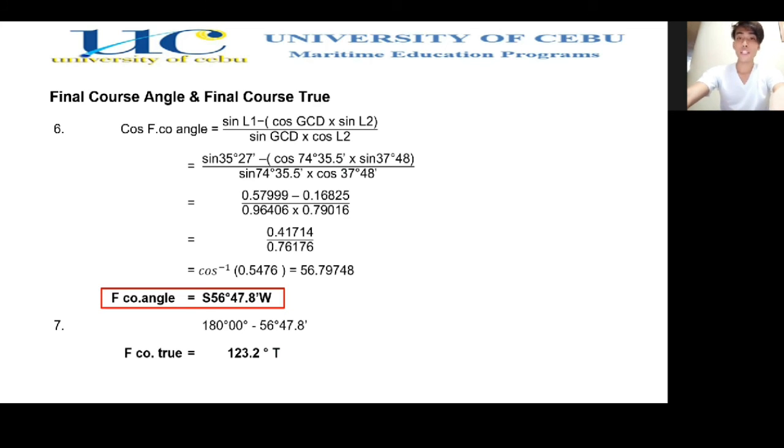So 180 degrees minus 56 degrees and 47.8 minutes. So now we get the final true course, or final course true, which is 123.2 degrees true.